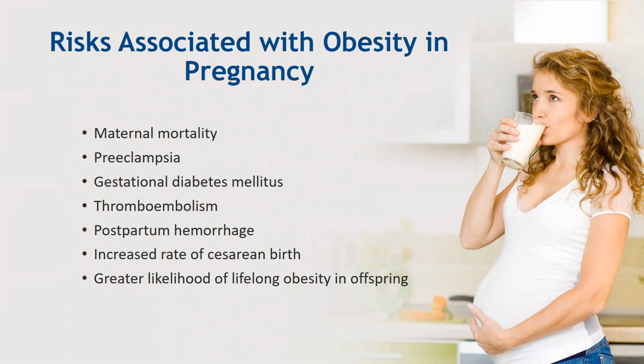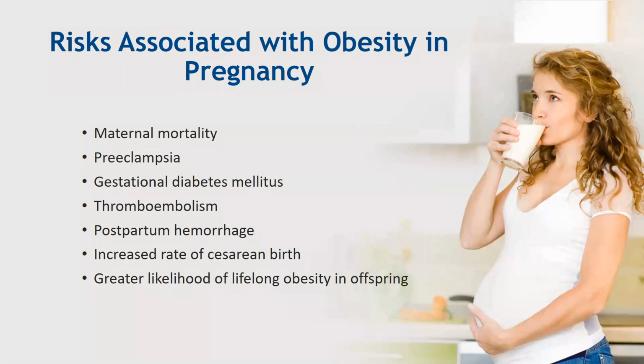Studies have found that in the US, more than 1/3 of women are obese, and 8% of reproductive age women are extremely obese. This definitely becomes a problem because of increased risk for complications during pregnancy and during delivery.